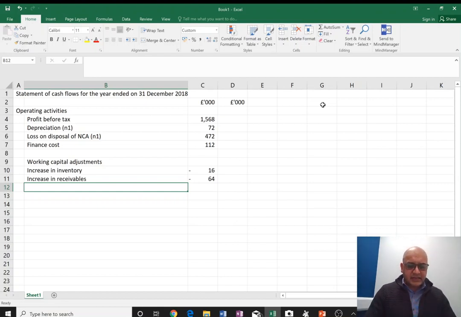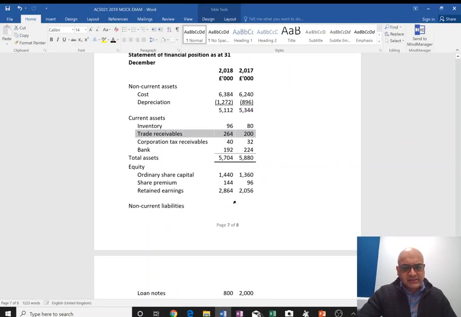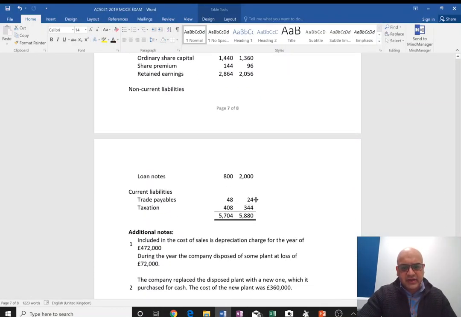The third item in the working capital is payables, and we know there is again an increase. All we need to do is scroll down to the trade payables, and we can see there is an increase of 24. Now, interestingly, when the payables or current liabilities increase, it's actually good for the cash position. You might ask why.